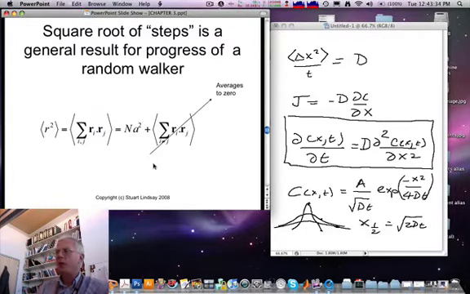Now, you see once again in this phenomenological description that we have a motion under random thermal driving forces in which the position of something changes like the square root of time. So this square root of time is clearly a very common result in the theory of fluctuations.